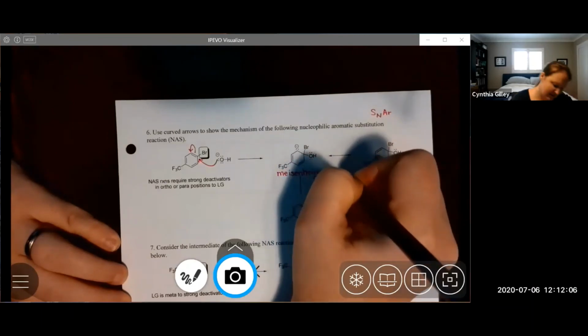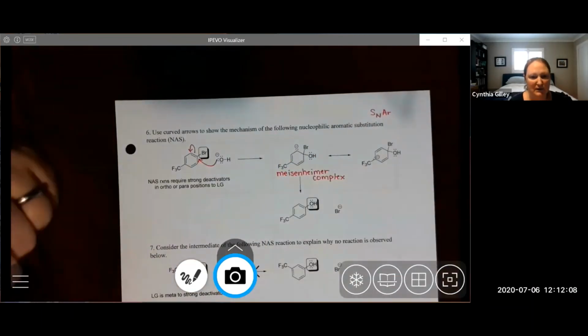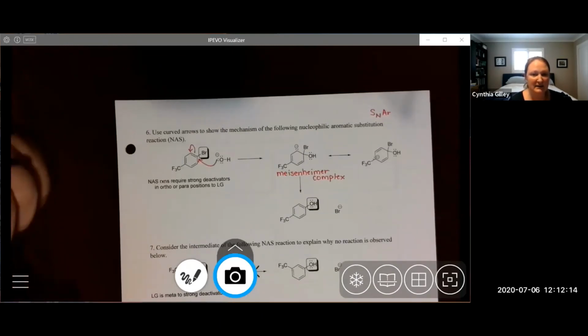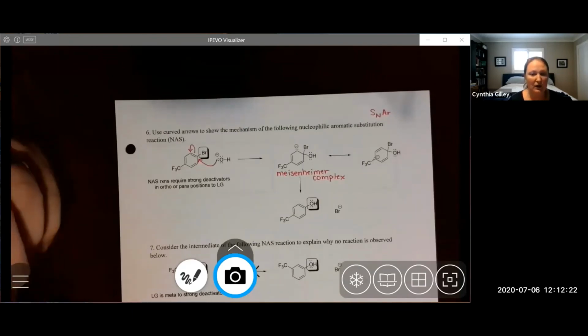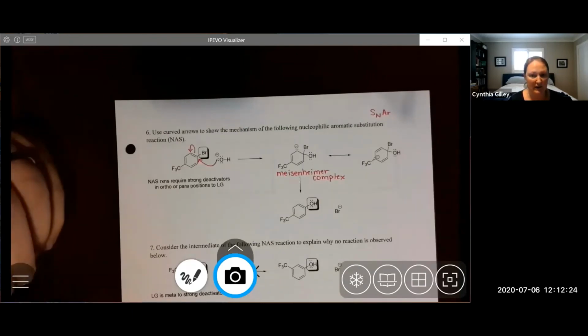They always pick the hardest to spell words, right? Like the Markovnikov. Knows how to spell that one, right? So the Meisenheimer complex. Notice that it is different than a sigma complex, also known as the arenium ion.